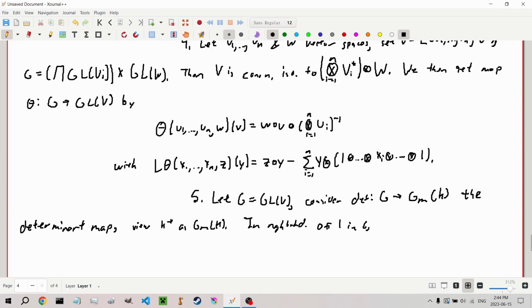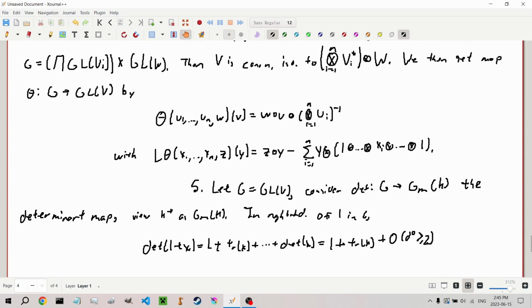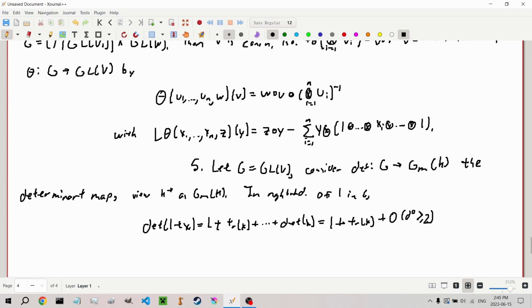the determinant of 1 plus x is 1 plus the trace of x all the way through the determinant of x, which is 1 plus the trace of x plus higher order terms, with TR the trace map.